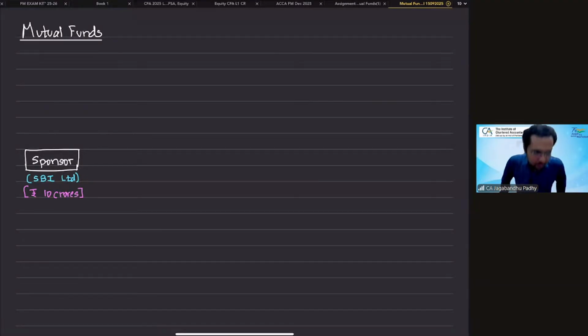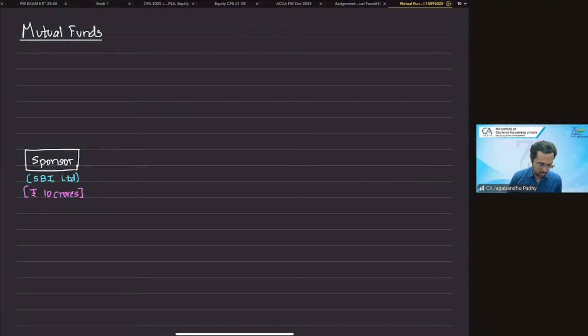So the sponsor, State Bank of India Limited, is having 10 crores available for investment, right? With the amount of this capital, the sponsor wants to start with a mutual fund.